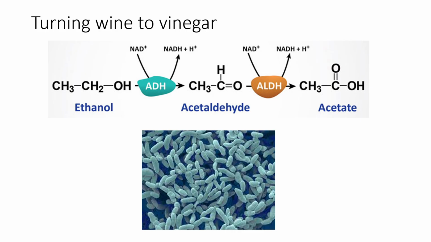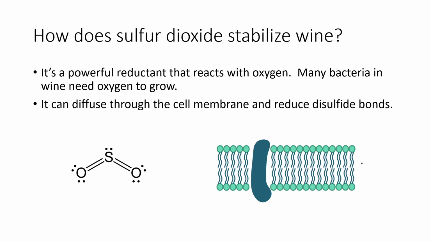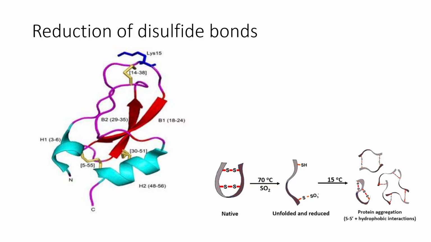Okay, we've got these electrons here. So it's a reductant, so it can reduce these disulfide bonds to open this up, and then my protein can unfold. And then here they were showing that individual proteins now have these open and they can refold. They did it at a high temperature. You wouldn't do it at a high temperature in wine.